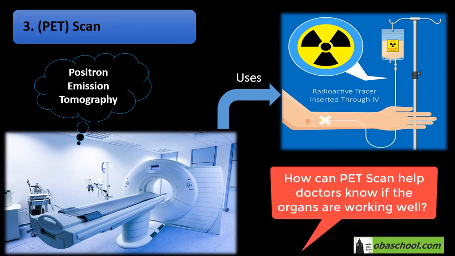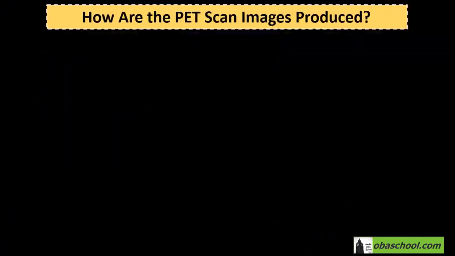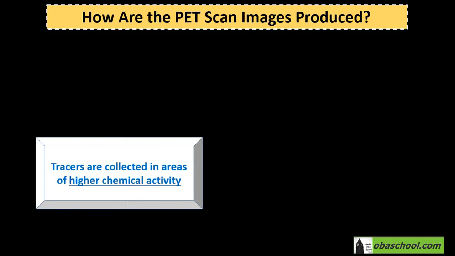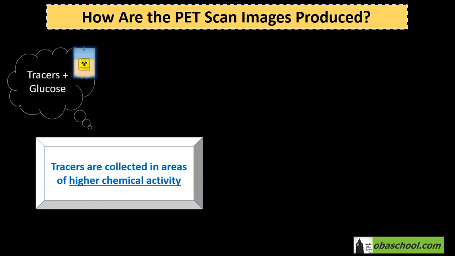But think about it. How can doctors know how well my organs are working simply from a tracer? What happens is that tracers will be collected in areas of higher chemical activity because tracers will be attached to compounds such as glucose, which is the main fuel for any activity.